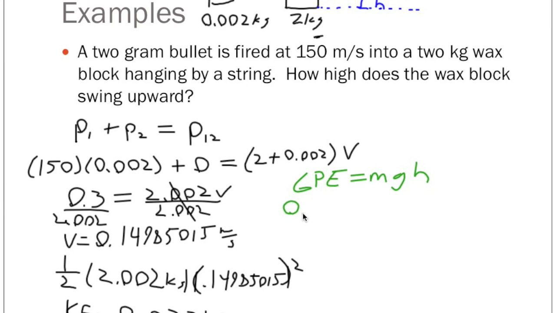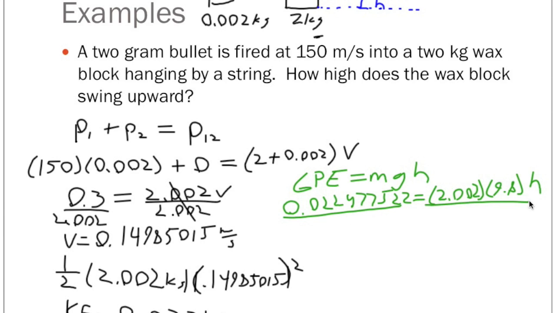That's going to be our 0.02477522 equals the mass, m, which is still 2.002, times g, which is 9.8, times the height, which we don't know in meters. So at this point, we should just be able to start doing some division here.